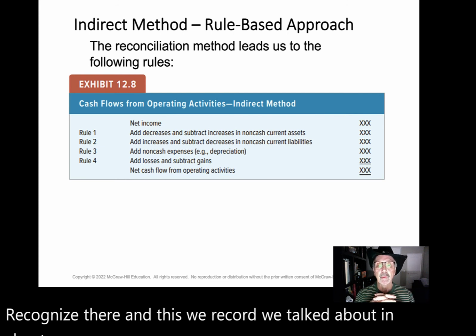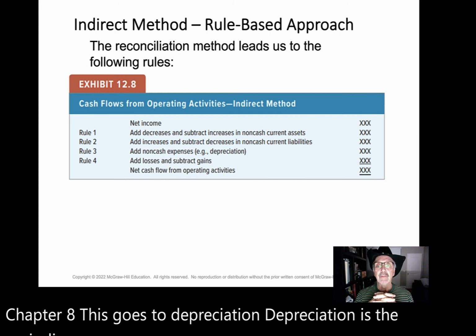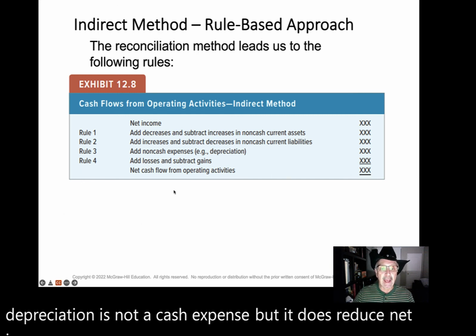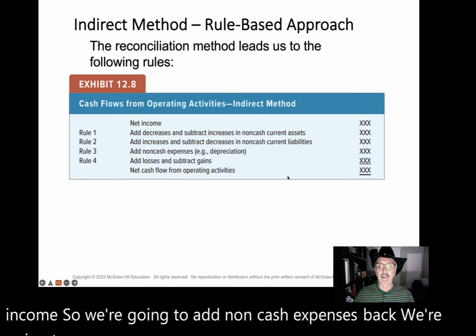This goes to depreciation, right? Depreciation is the periodic recognition of the expense of a long-term asset. So depreciation is not a cash expense, but it does reduce net income. So we're going to add non-cash expenses back. We're going to add back depreciation.